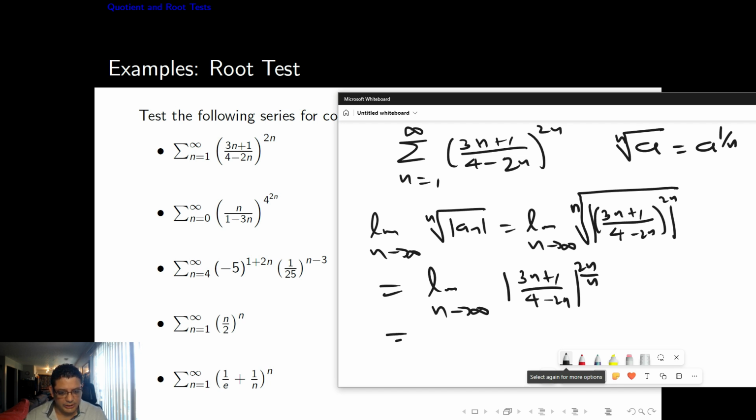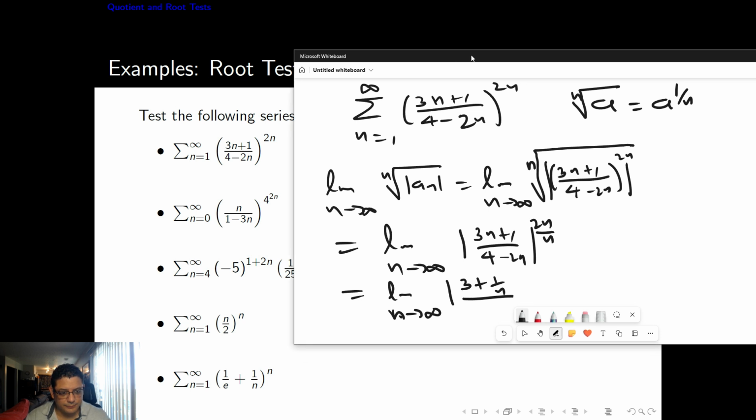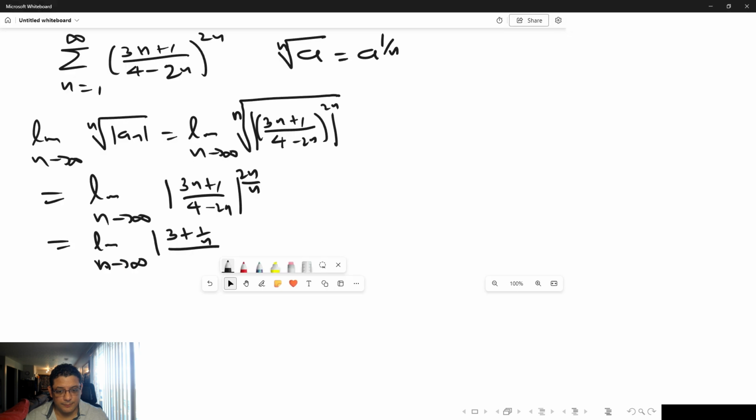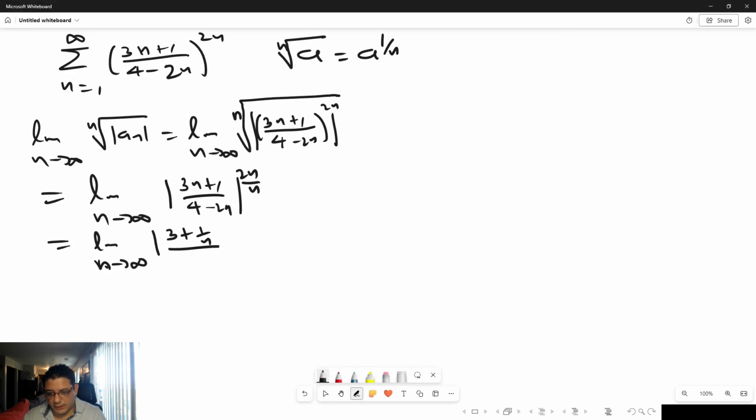And so this is really the limit when n goes to infinity of this squared. But now let's divide by n up and down so we can actually simplify the limit. This is going to be the limit when n goes to infinity of 3 plus 1 over n, over 4 over n minus 2, squared.